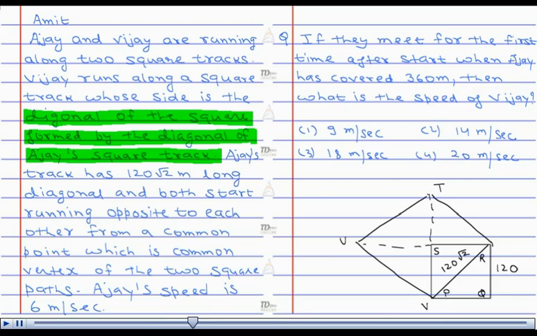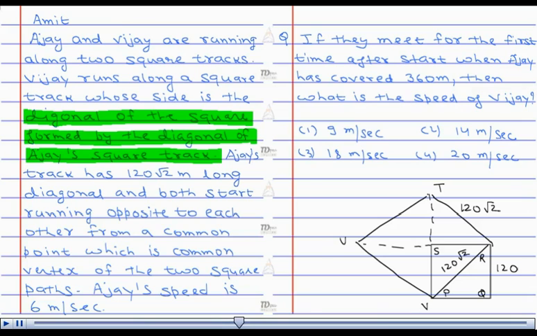So, the square will be VRTU, which is formed by the diagonal of the square PQRS as side. Hence, the side of this square will be 120 root 2. Now, taking TV as side, form a square which is the path of Vijay's square track.